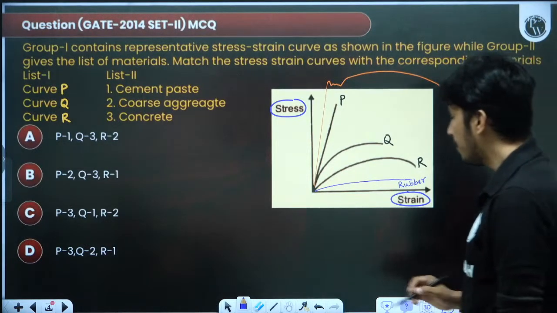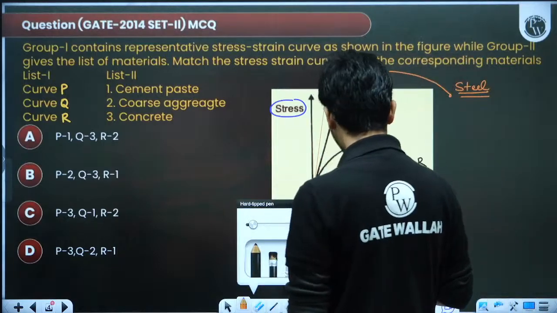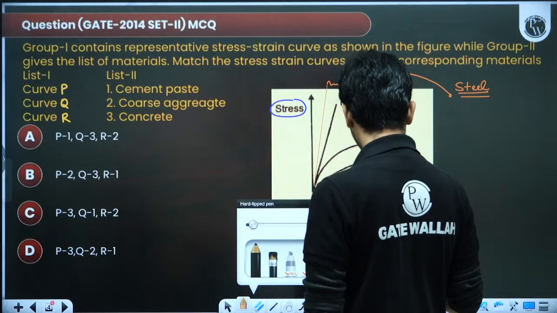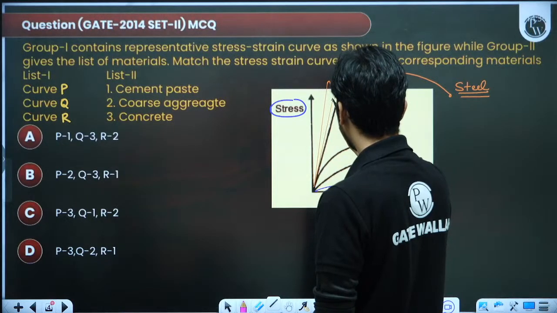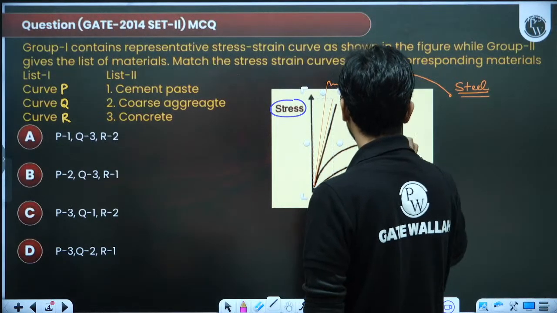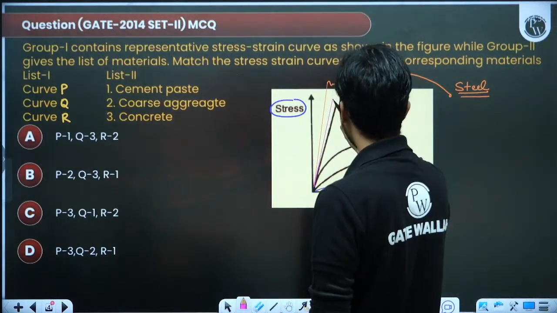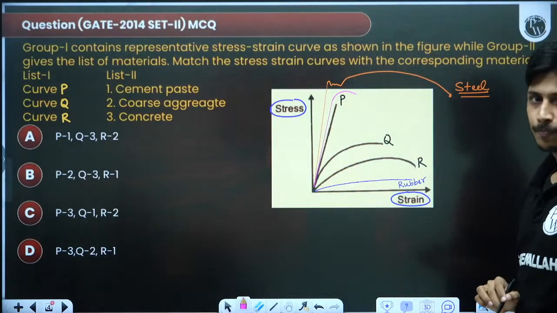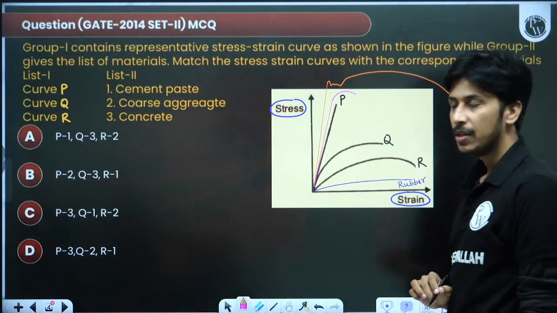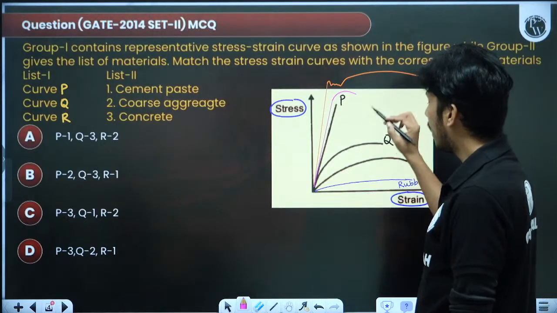Like for aluminium, if you see, this is the stress strain curve. For the aluminium, this is the stress strain curve. Aluminium is not that much ductile.